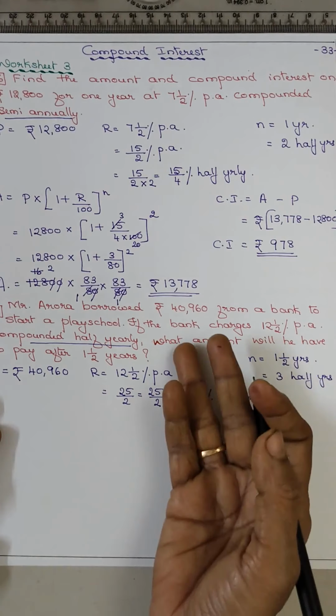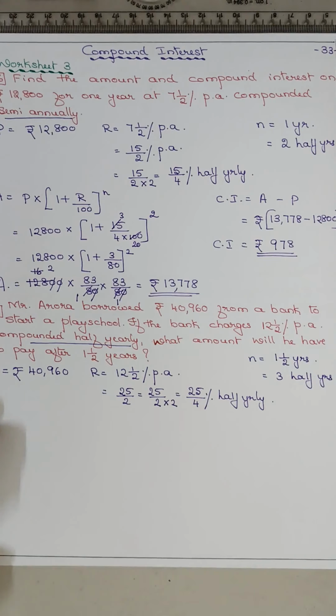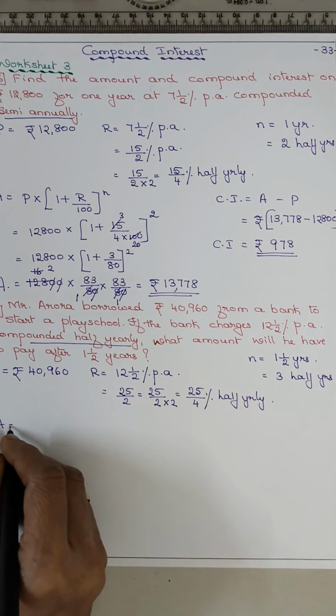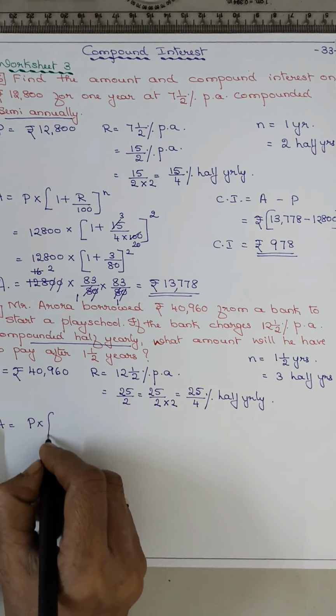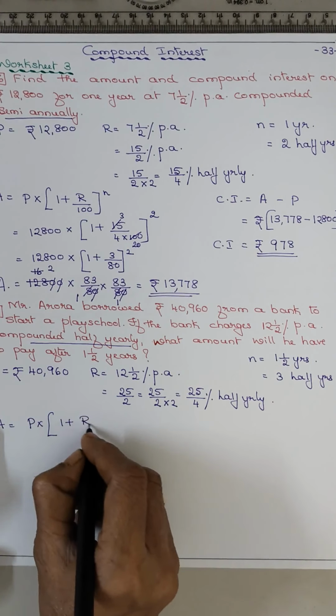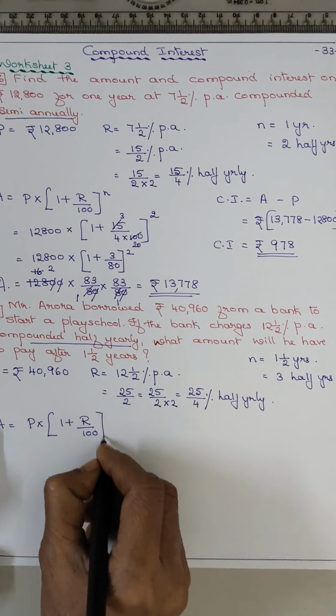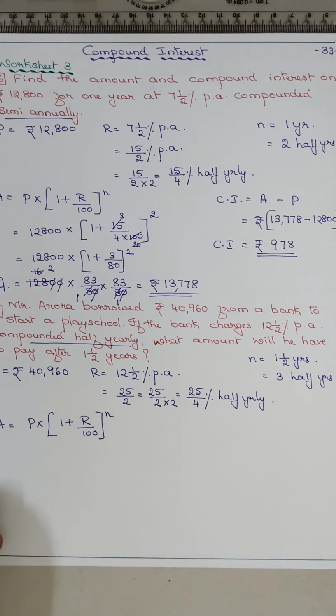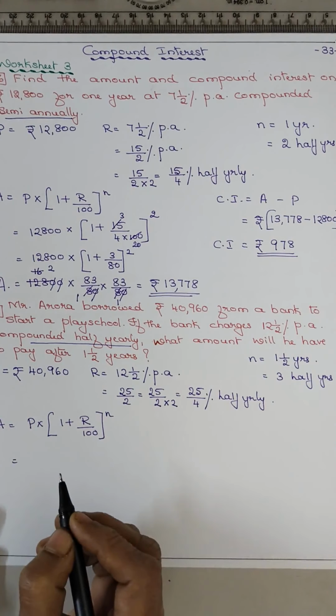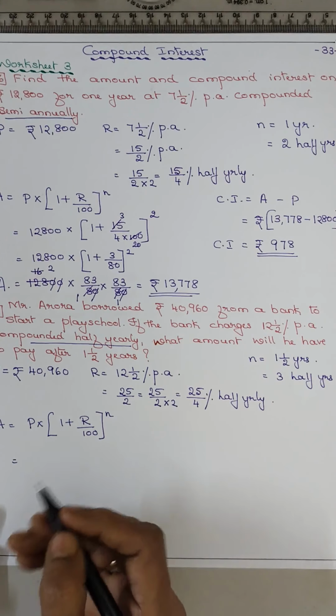Now they have asked you to find out the amount. So A is equal to P into 1 plus R upon 100 the whole raised to N. This is just like the second worksheet sums. Second, isn't it? And the third worksheet starting.